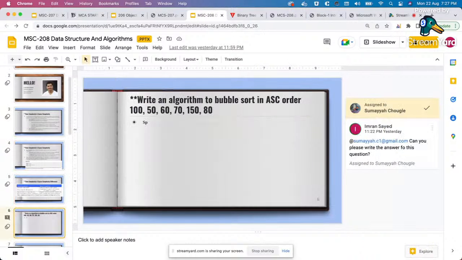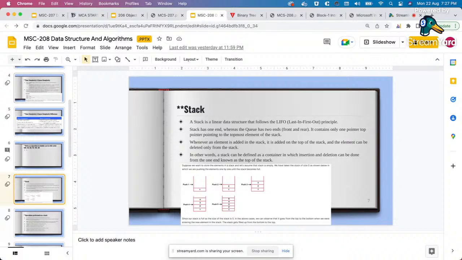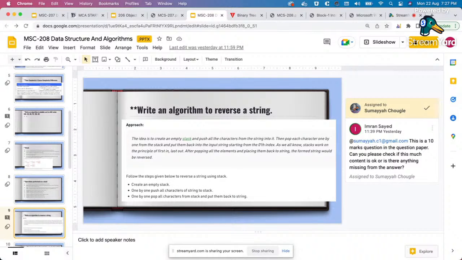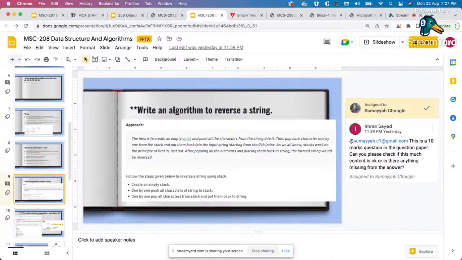Some tasks I've assigned to you guys. Just take a look at that. Just paste the solution if you already have it for these, and sometimes I'm keeping questions for you to check if this answer is correct, because some of you might have already studied this. So just check if it's correct, or we have to put more content.